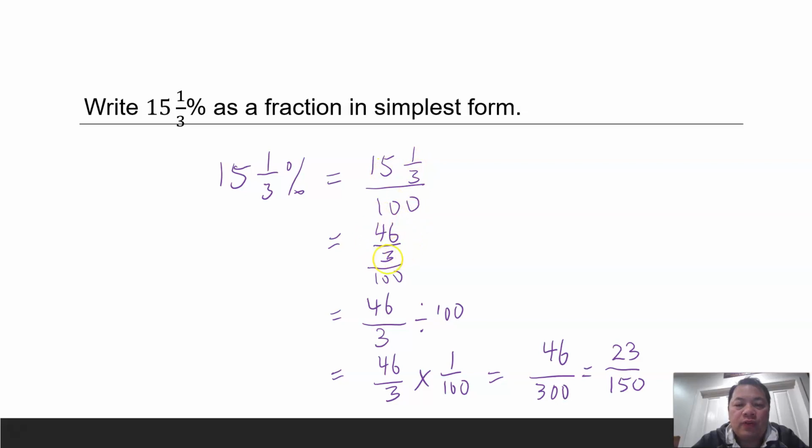So it's 46 over 3 out of 100, which is the same as 46 over 3 divided by 100. So again, revising on our fraction concept, whenever there's a divide here, I can put a times and get the reciprocal of 100, which is 46 over 3 times 1 out of 100. So when you simplify, you actually get 23 out of 150.